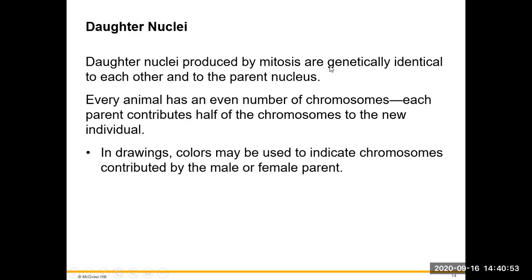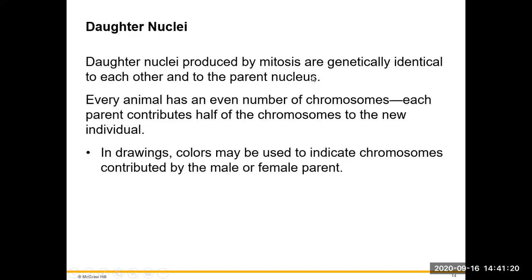Now during the synthesis phase, these 46 chromosomes become 92 chromosomes. Then during anaphase, these 92 chromosomes are going to divide into 46. That means at the end of telophase, both daughter cells, or daughter nuclei, are going to have 46 chromosomes.